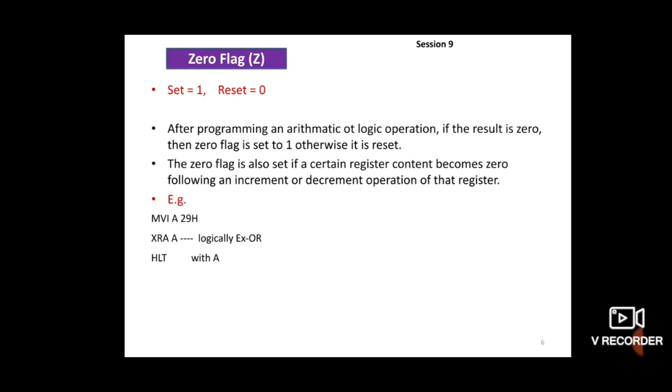Now see how to execute this instruction, and how the zero flag is set or reset after this ALU operation. Now which data is stored in the accumulator? 29. Write 29 in binary: 0011 1001. These are the bits of 29H. Now again write A equal to 29, because here XRA A means accumulator XOR with accumulator.